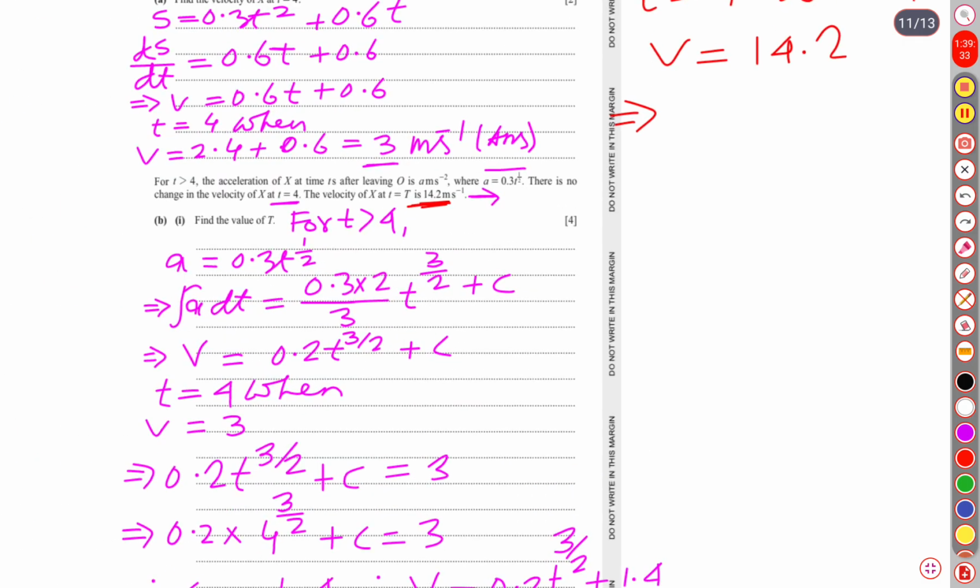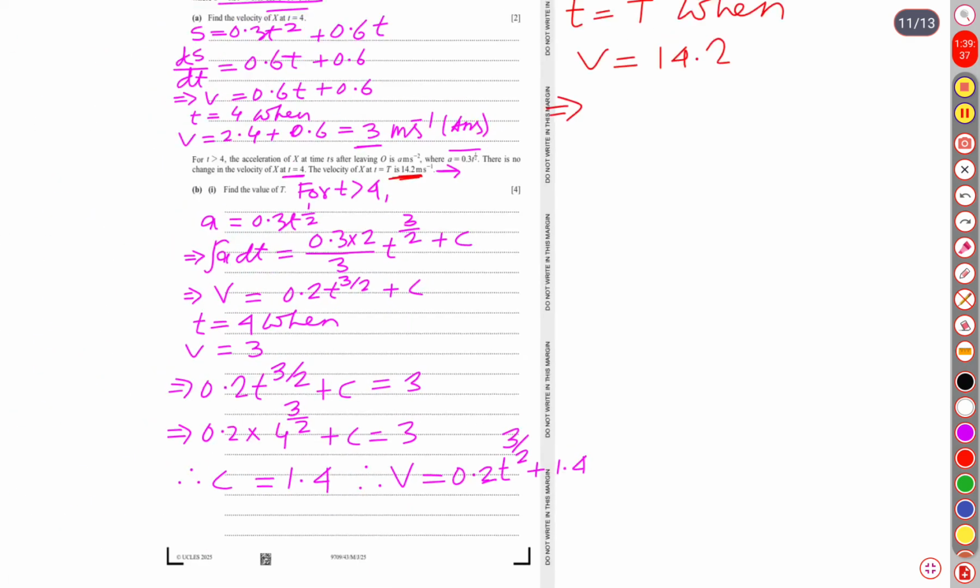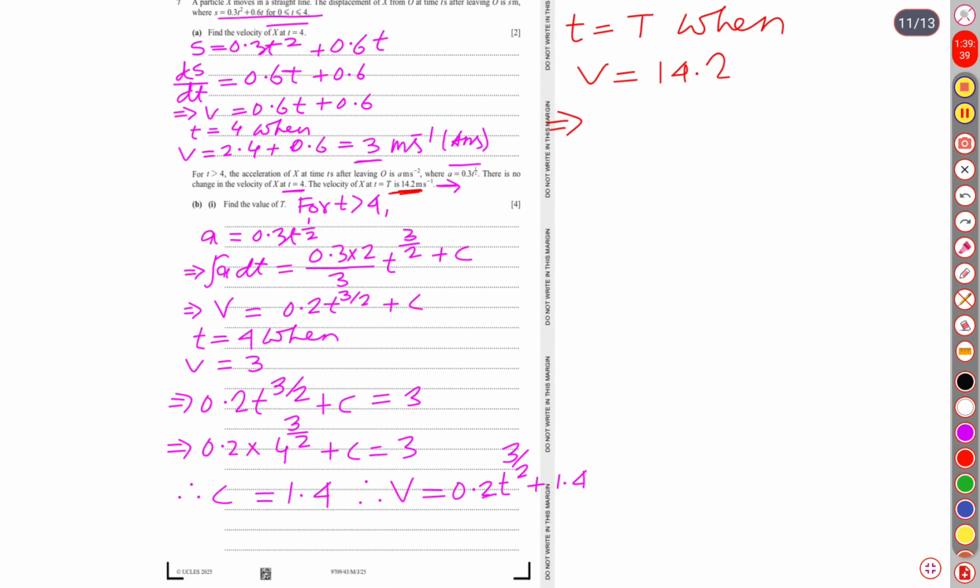So the expression of velocity is 0.2t^(3/2) + 1.4 equal to 14.2.